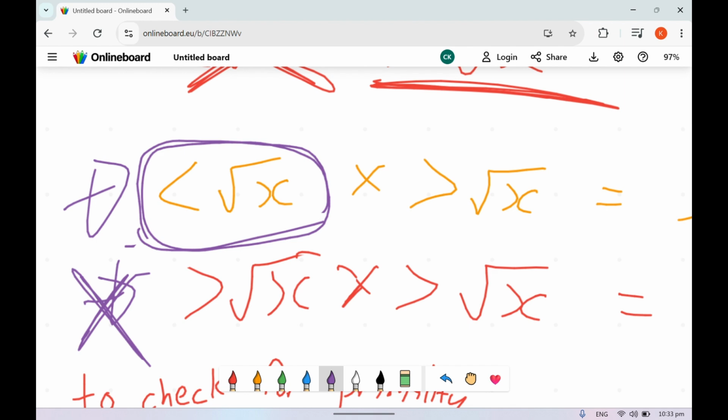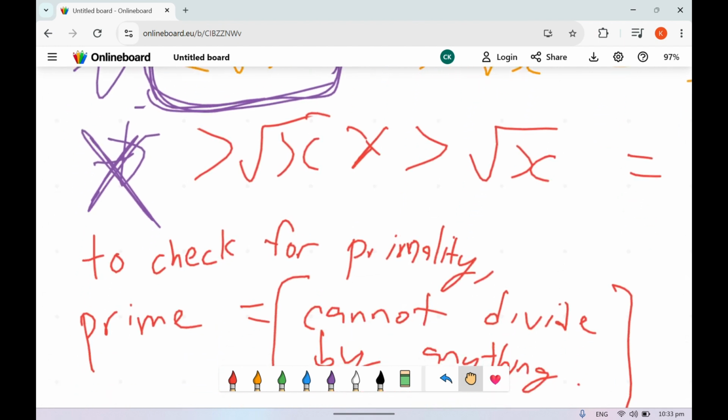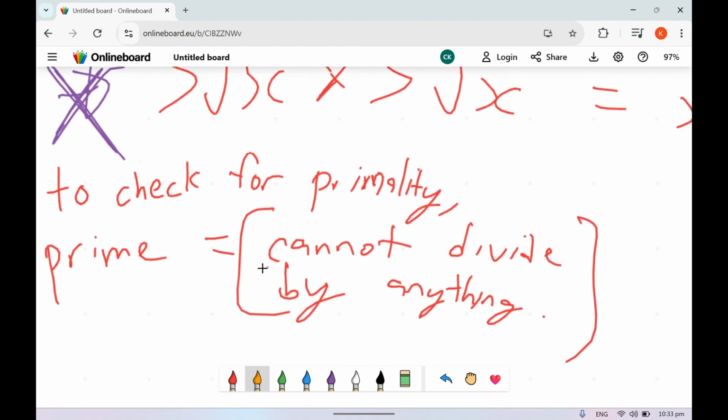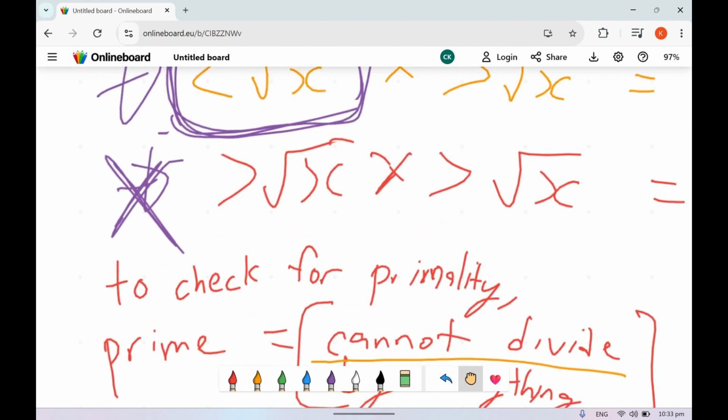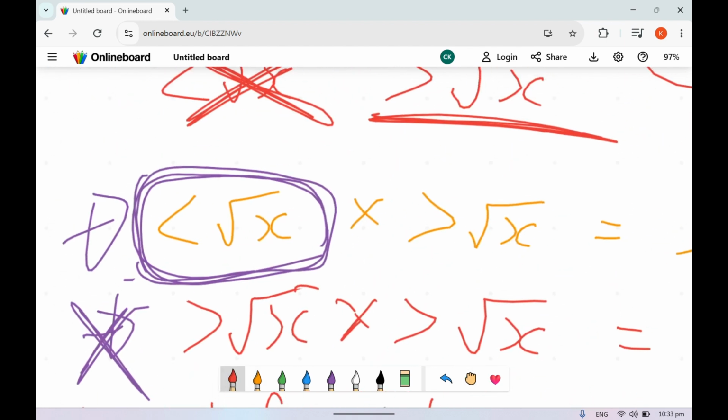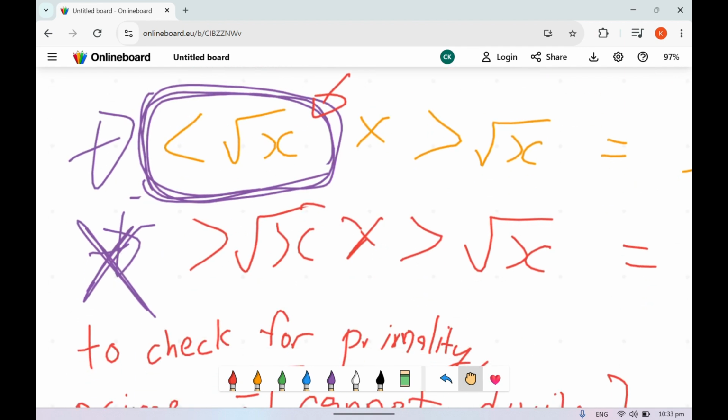So let's check this. We are going to check the stuff that is smaller than the square root of x. We finished checking, and we've checked that everything smaller than the square root of x cannot divide by anything. Okay, so we know that nothing can be here. There's only one thing left.